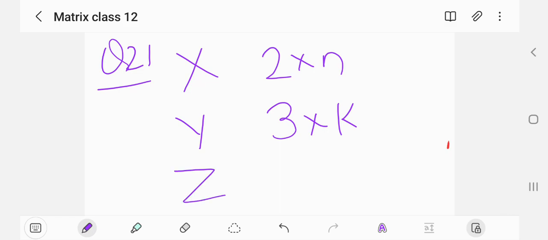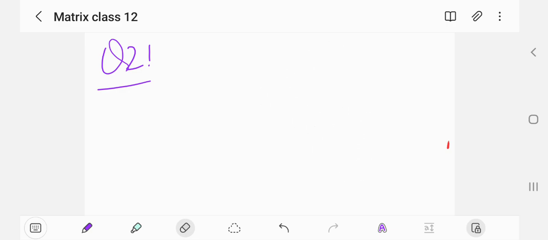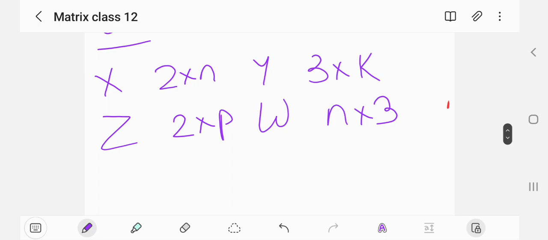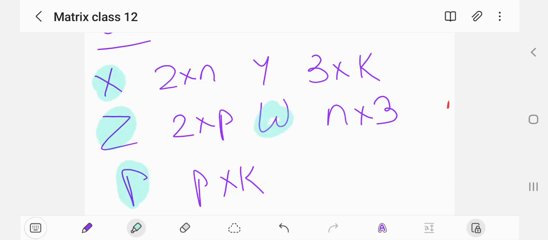X is of order 2 by n, Y is of order 3 by k, Z is of order 2 by p, W is of order n by 3, and P is of order p by k. These are my matrices which I am highlighting, and the part which is not highlighted is respectively their order.